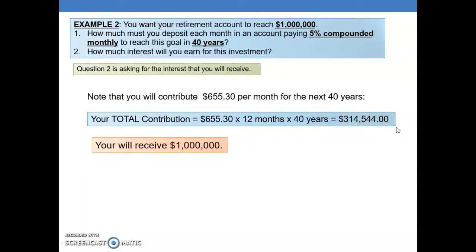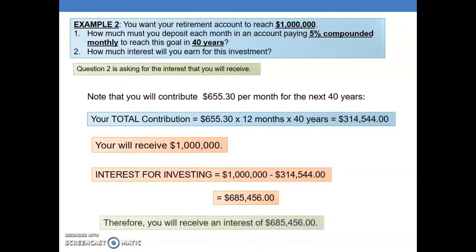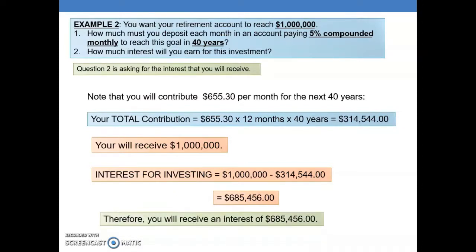Since you will receive $1 million at the end of 40 years, the interest is the difference between the two. So your interest for investing will be $1 million minus $314,544, and if you do it correctly on your calculator, that comes out to $685,456. Therefore, that will be your interest.